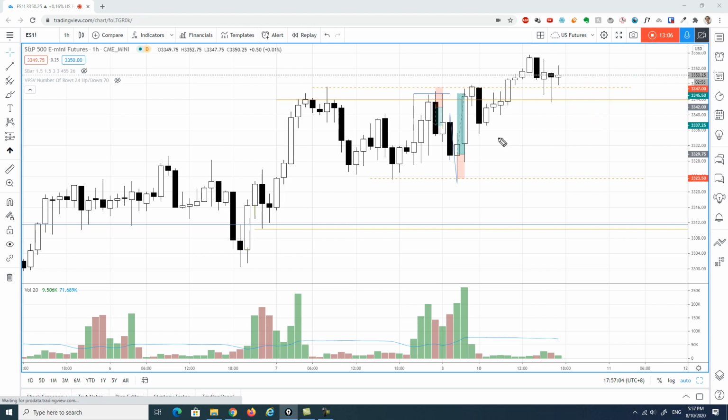Otherwise, another level could be based on this non-RTH low forming at around 33.35. That's provided the S&P 500 has a deeper test and a spring type of action and then goes up again.